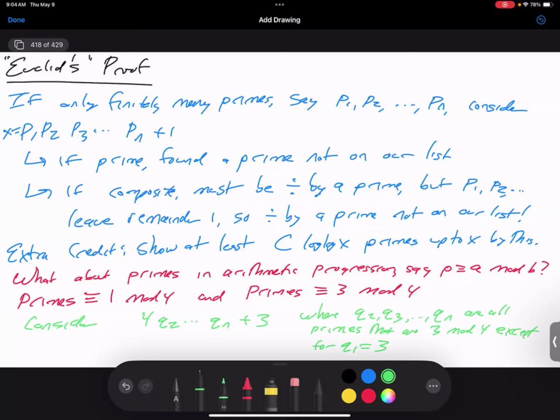I multiply by 4 and then I add 3. Is this number 3 mod 4? Yeah. Is this number divisible by Q2? No. Q3? No. Is this number divisible by 3?